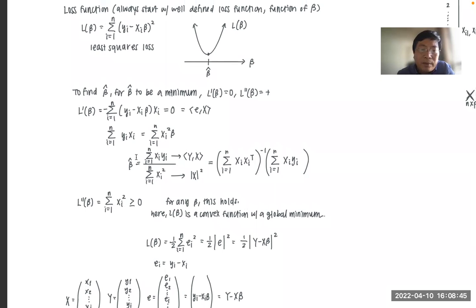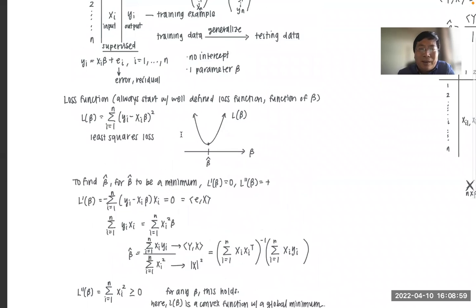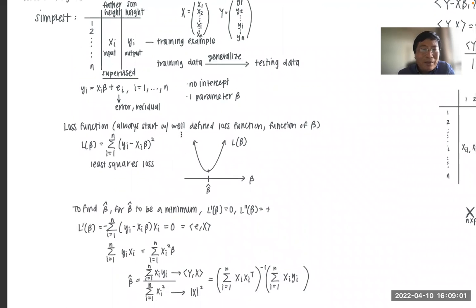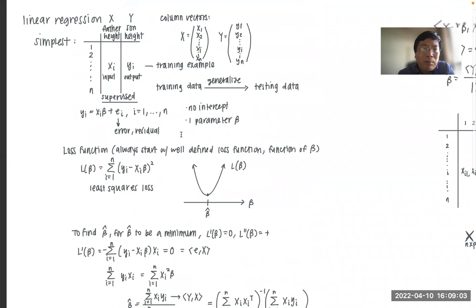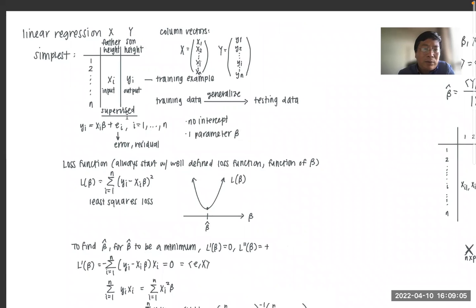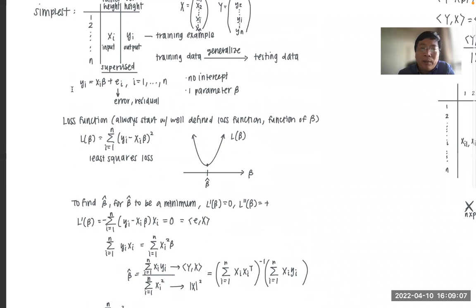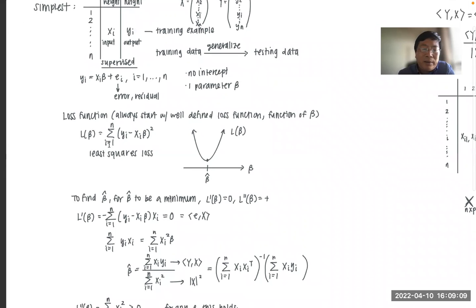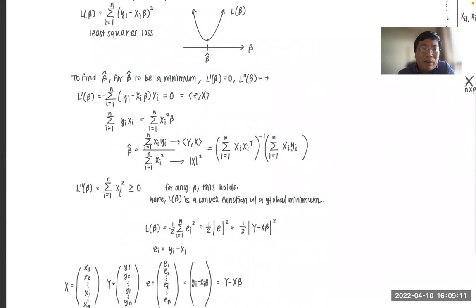So the fact that the second derivative is positive means that this function is a convex function, and it has a global minimum at beta hat. Okay, so therefore we have solved our first machine learning problem, and this is our training data, and this is our model, and this is our loss function, and this is our estimate.